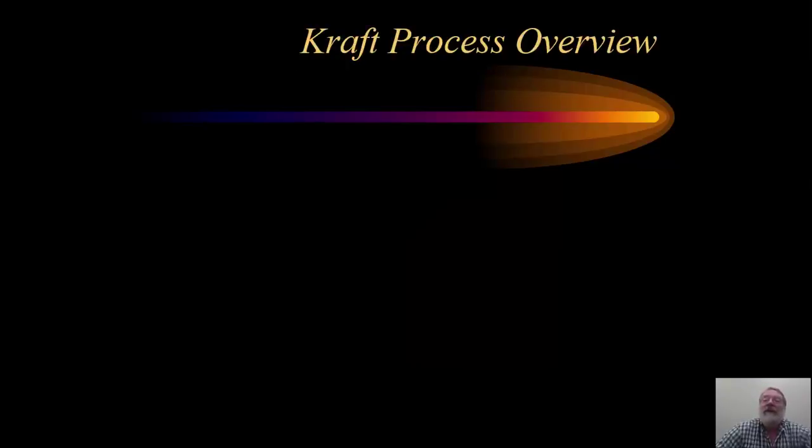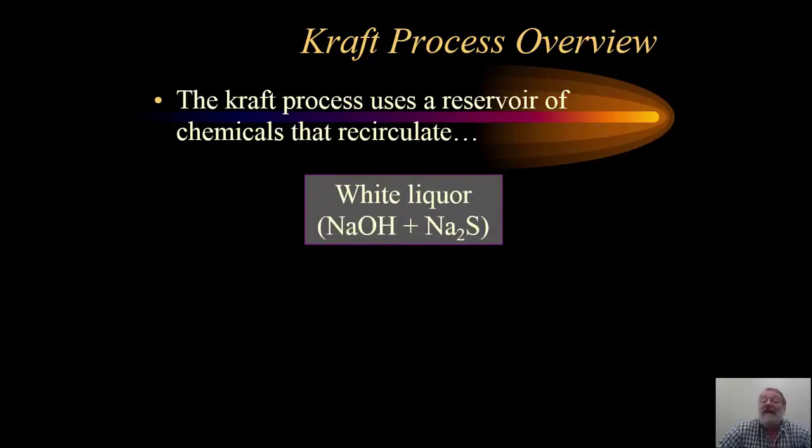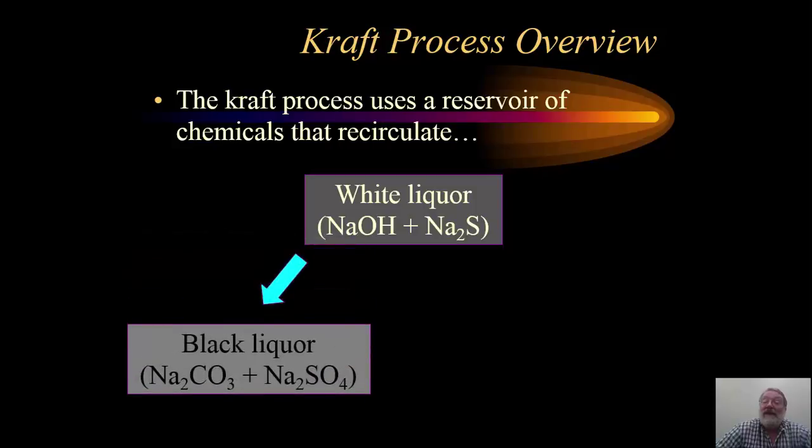If we look at the overall process of making craft paper, it uses a reservoir of chemicals that recirculate. They get used over and over and over again. That's a good sustainable design. They cook the wood chips in white liquor, which is sodium hydroxide and sodium sulfide. That dissolves the wood.